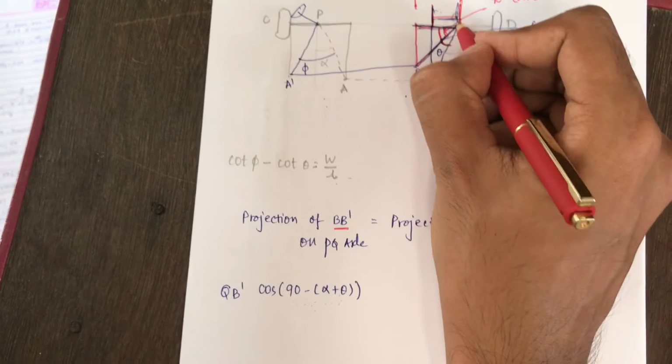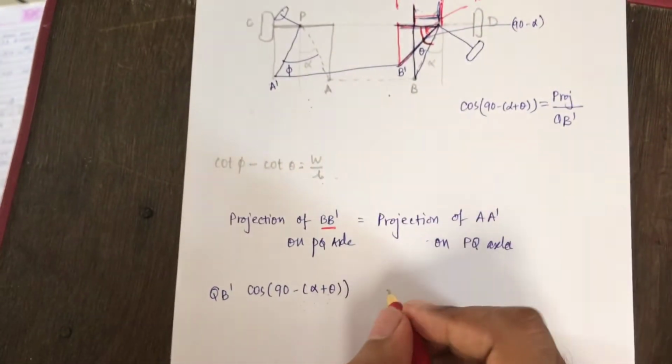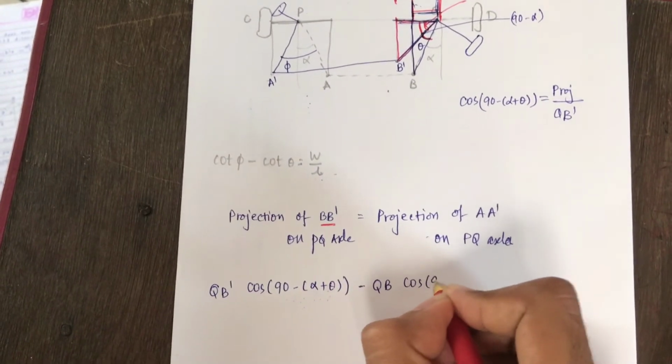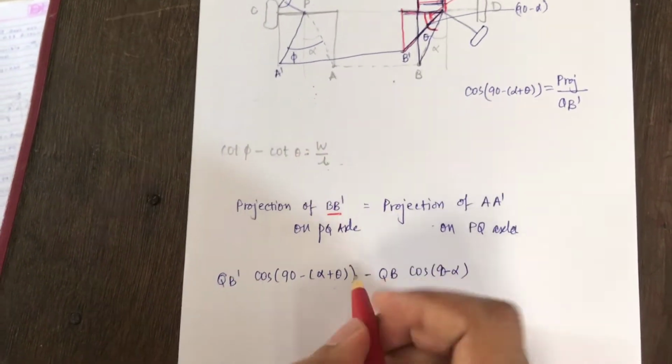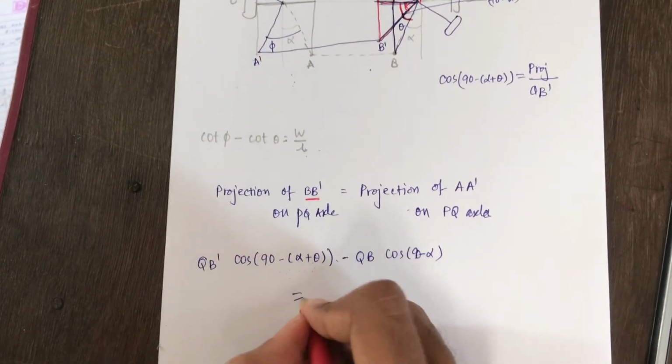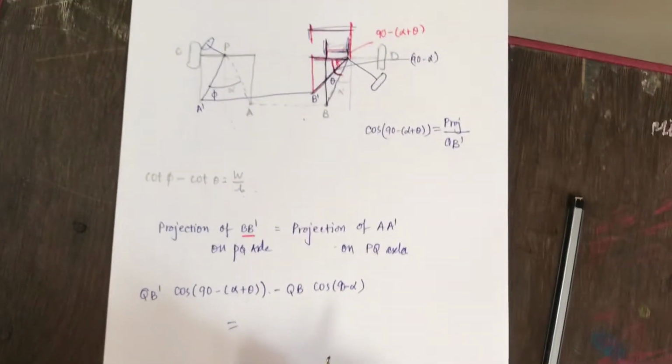Likewise, this secondary distance for the blue color triangle we can write as QB cos 90 minus alpha. Why minus? Because it is the longer distance minus the shorter distance. That is equivalent to the projection of AA dash.